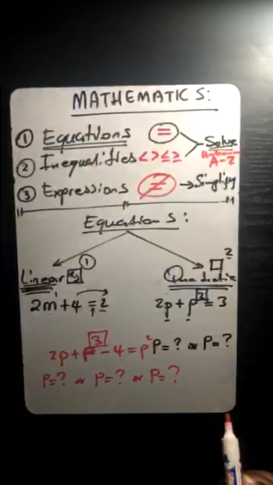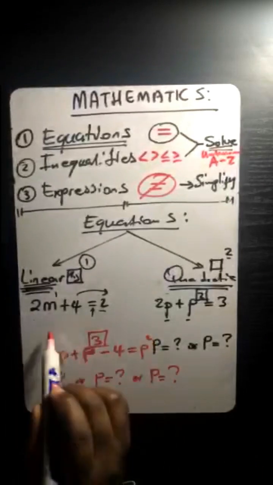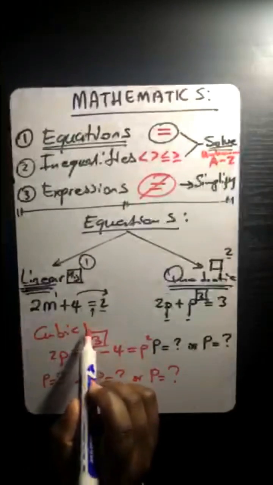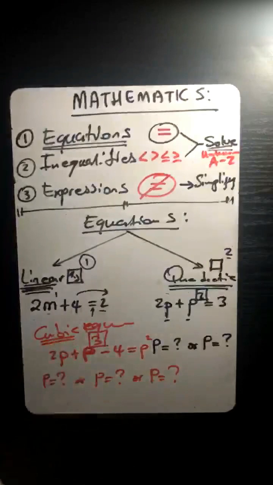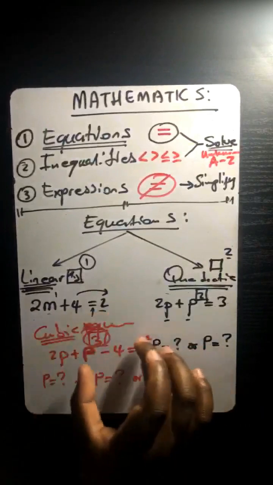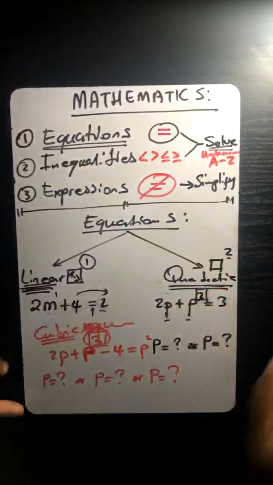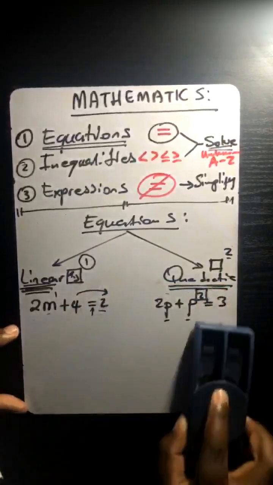And this type is what we call a cubic function, or cubic equation. I'm sure you're not hearing this for the first time. Cubic because of that cubed there. But for now, we are not going to discuss cubic, only linear and quadratic. Cubic is another chapter at a later stage.